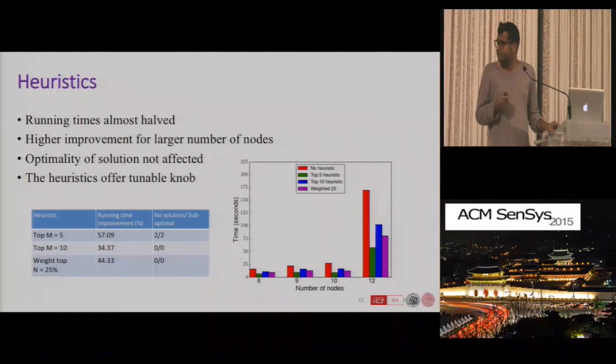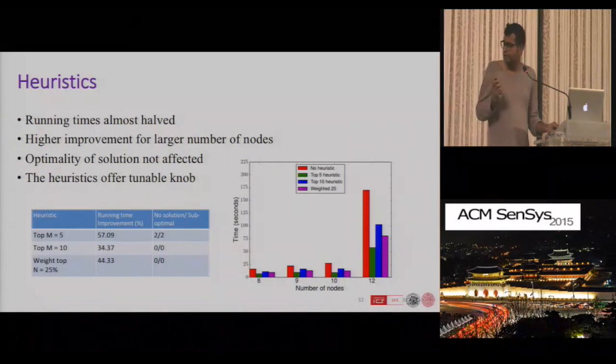So this slide shows the results of our experiment. On the x-axis of the bar graph, you have the number of nodes in the network, and on the y-axis, you have the time it took to solve and find the solution to the disjoint path problem. What we find is that the running time is almost halved by using these heuristics. And there is a higher improvement as the number of nodes in the network increases.